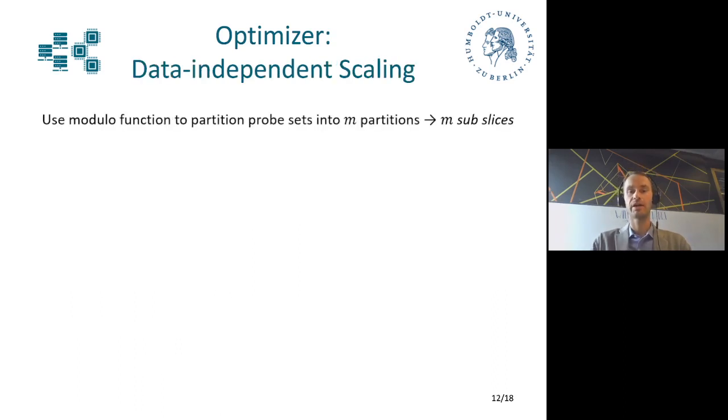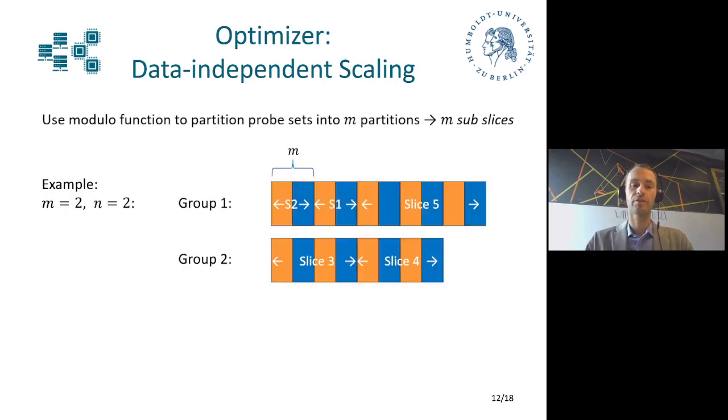Another important mechanism for the optimizer is the data-independent scaling. We use the modulo function to further partition slices into sub-slices. So let's look at the example from the previous slide again with an additional scaling parameter m equals 2.